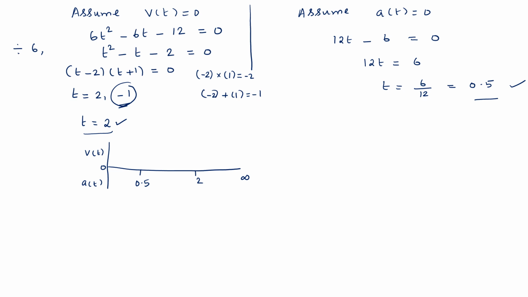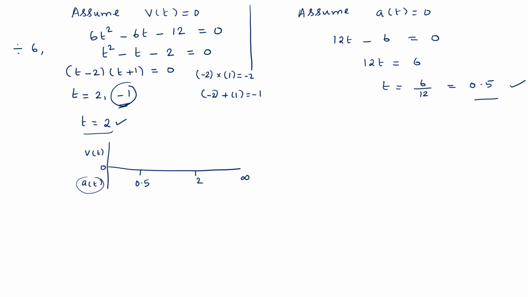So here a of t, positive or negative, we have to identify when t is in between 0 and 0.5. If t value is less than 0.5, what is the sign of a of t? Whether it is positive or negative, we have to find it.